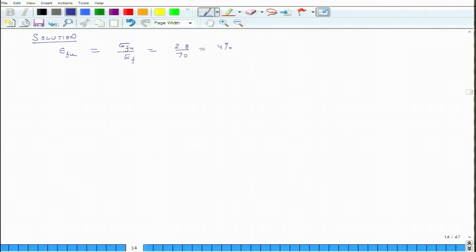Another thing we have to compute is Em, Young's modulus of the matrix in the elastic range. How do we find the Young's modulus?